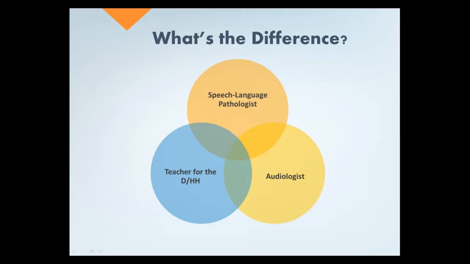The speech pathologist in the school or the private speech language pathologist is working on the development of listening or understanding of language. And they also may be working on speech, or how we say the sounds in our language, and the talking, or how we use the words to put sentences together. This can be done in individual sessions or group sessions.